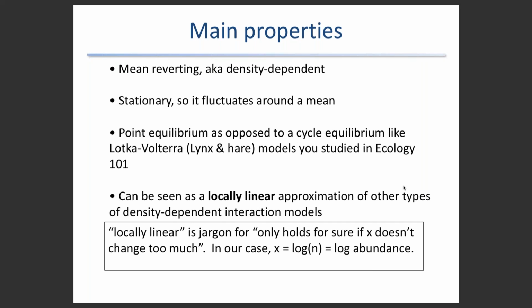So what does locally linear mean? That means that as long as you don't change the population size too much, then it still holds. Imagine you have some curve like this, and the idea of locally linear means that if I just look at a small portion of that, I can approximate that with this straight line.